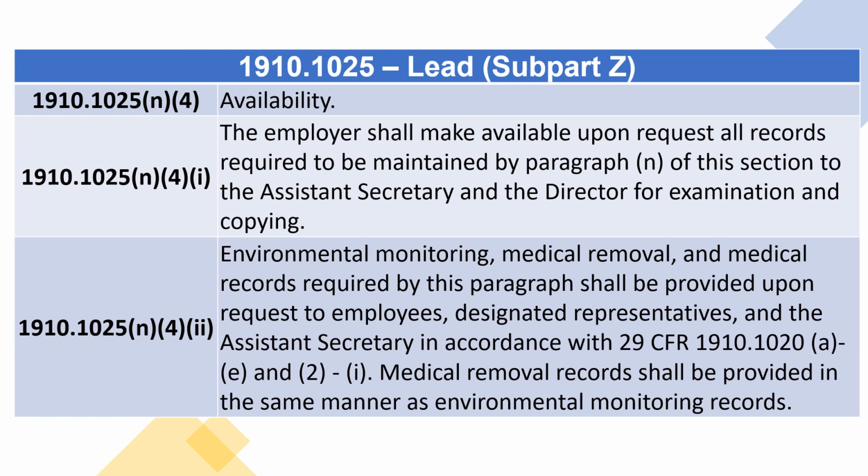Environmental monitoring, medical removal, and medical records required by this paragraph shall be provided upon request to employees, designated representatives, and the Assistant Secretary in accordance with 29 CFR 1910.1020(a)-(e) and (g)(i). Medical removal records shall be provided in the same manner as environmental monitoring records.